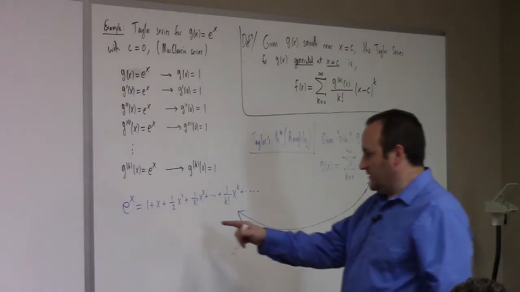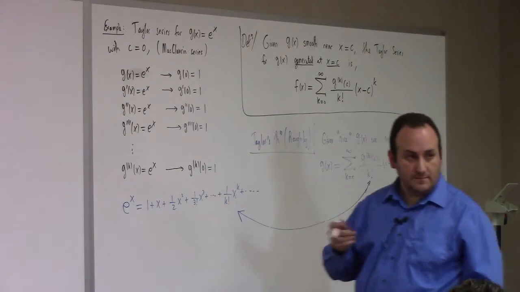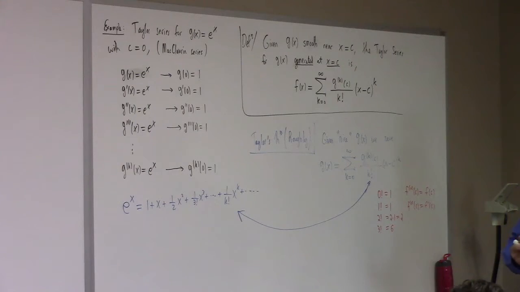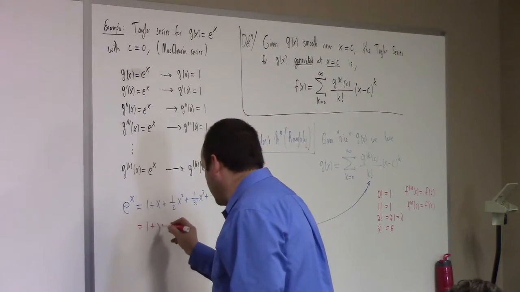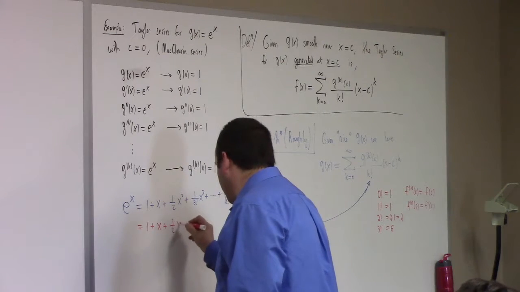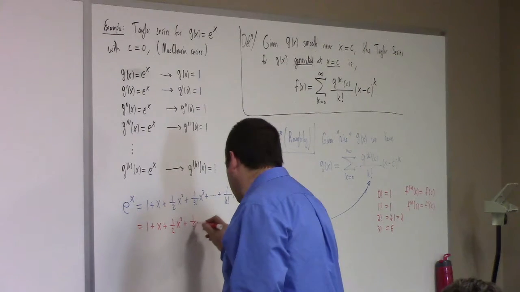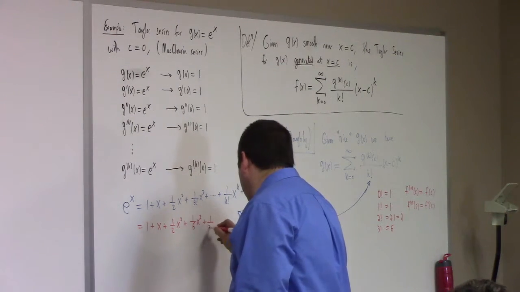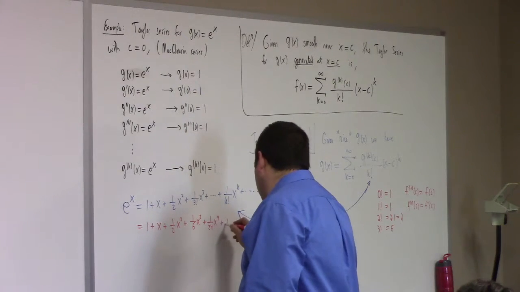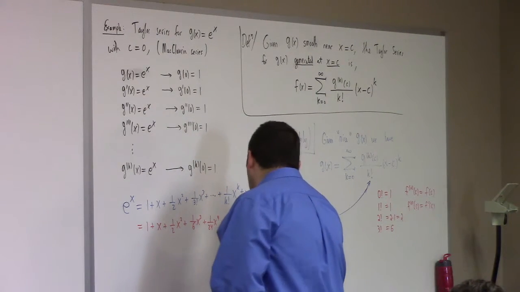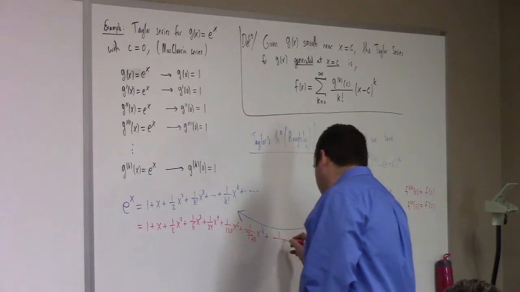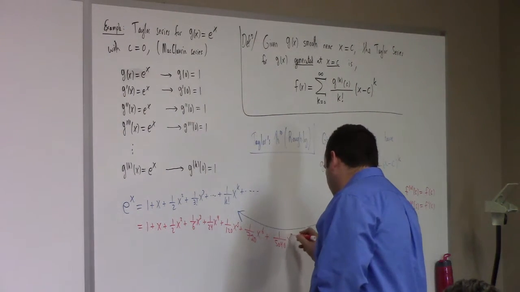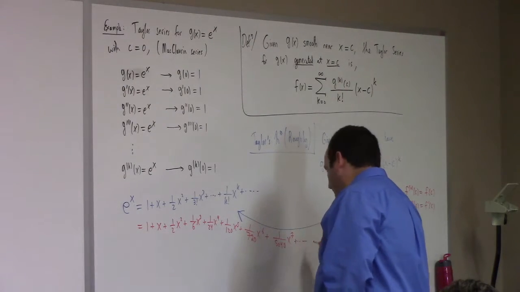So this is 2 factorial. I could rewrite this to be more explicit: 1 plus x plus 1/2 x squared plus 1 over 6 x cubed plus 1 over 24 x to the 4th plus 1 over 120 x to the 5th plus 1 over 720 x to the 6th plus 1 over 5040 x to the 7th, and, well, that's all I know, but so forth.